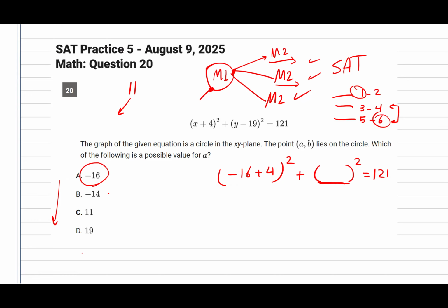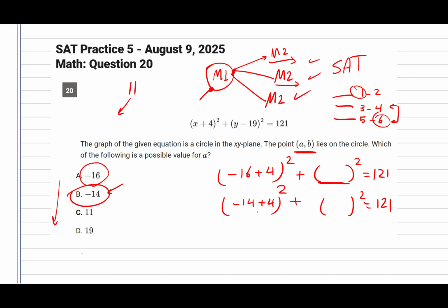But when you put negative 14 instead of x, you will get a solution for y. So if a is negative 14, this point will lie on the circle, because the completed square when you solve it will be a positive number or even zero, no problem.